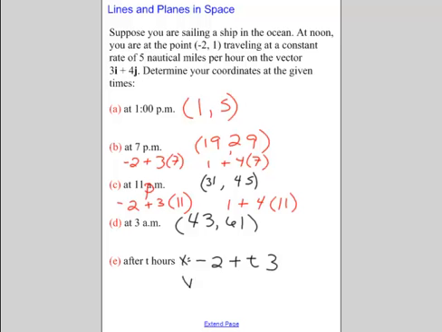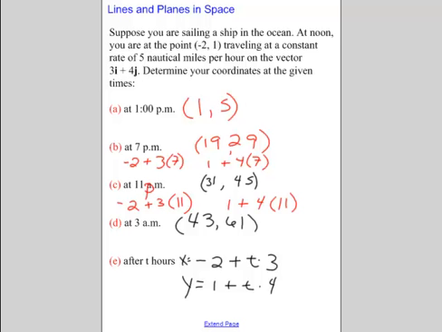And your y value started at 1 plus t times 4. What we just wrote here is actually a parametric equation because it's my x and y value both in terms of a third variable, t.